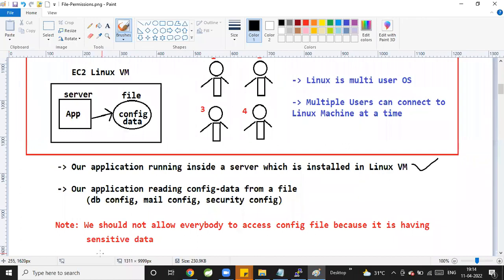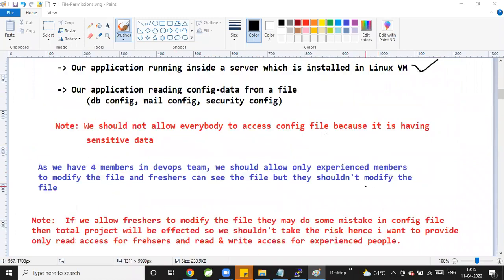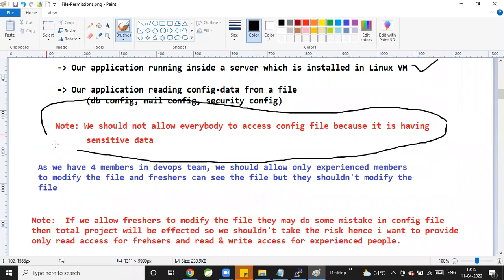We should not allow everybody to modify the configuration file of our application. That's not a good practice. We should not allow everybody to access the config file because it has sensitive data.